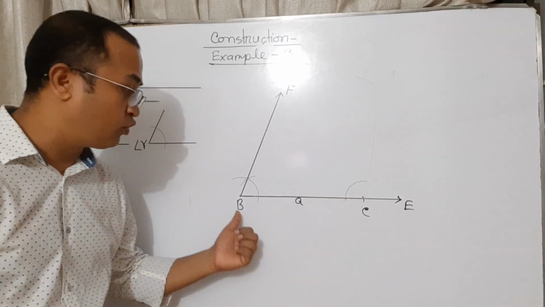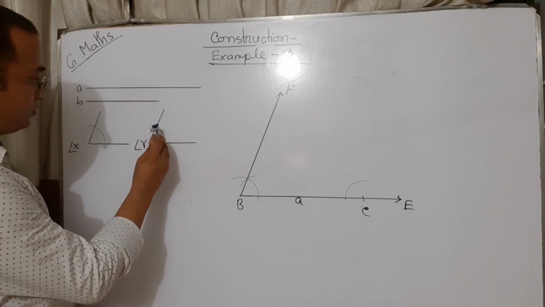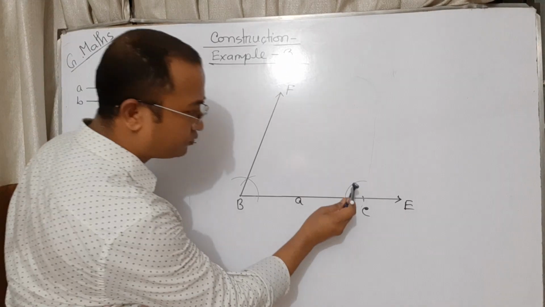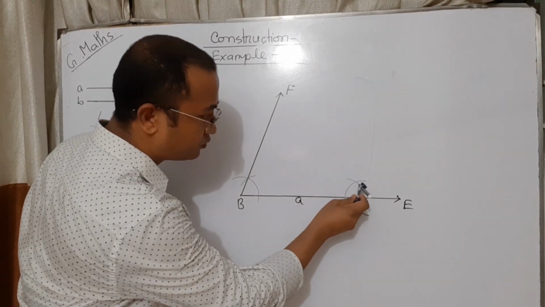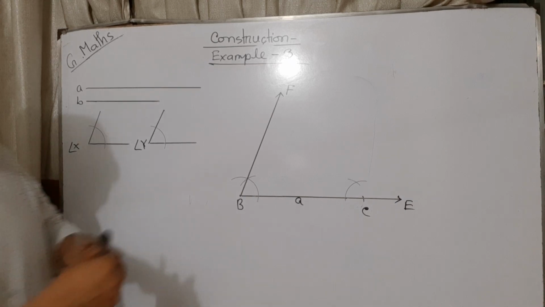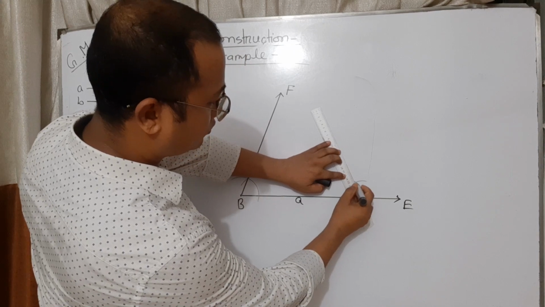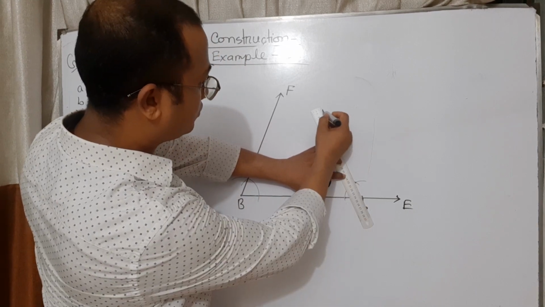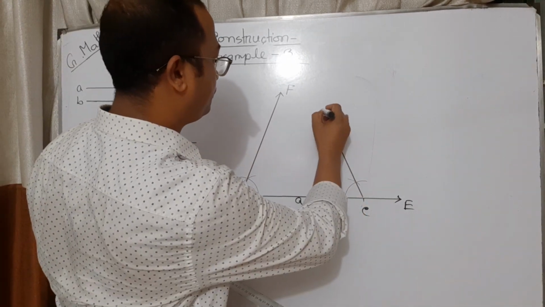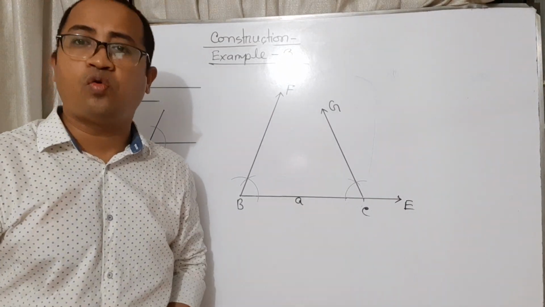We will draw the angle with the line BC, I mean on this side. Now join this. This is BCG equal to Y.